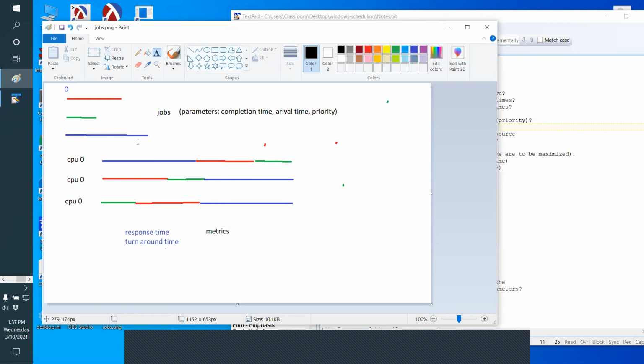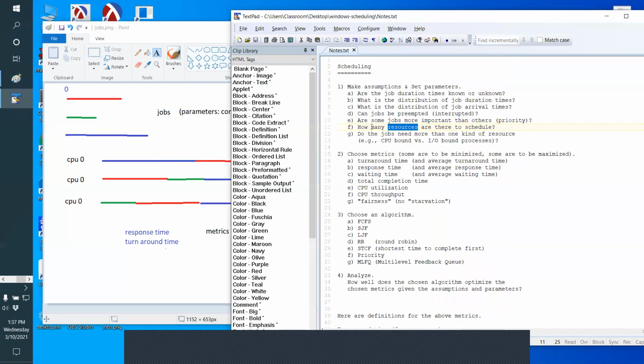How does that affect the way you schedule them? Or another example is printing. Suppose there's two programs that want to print. You can't have them simultaneously be printing. So there might be issues with scheduling that have to do with the fact that they're actually trying to use more than one resource.